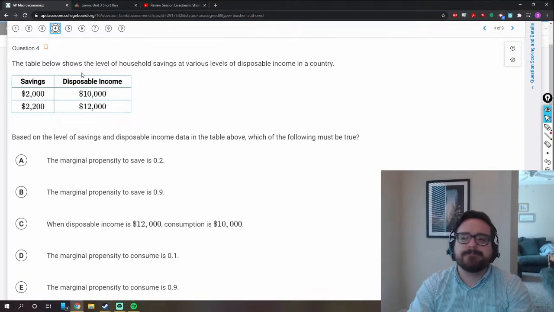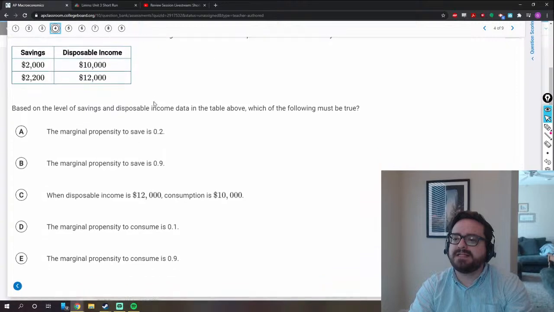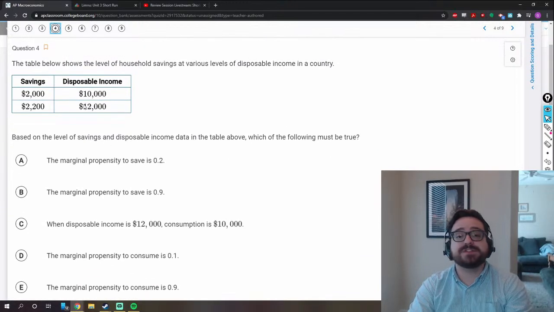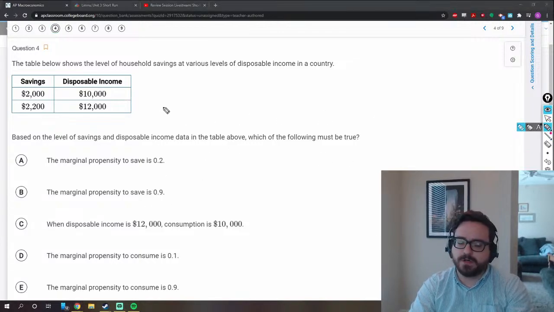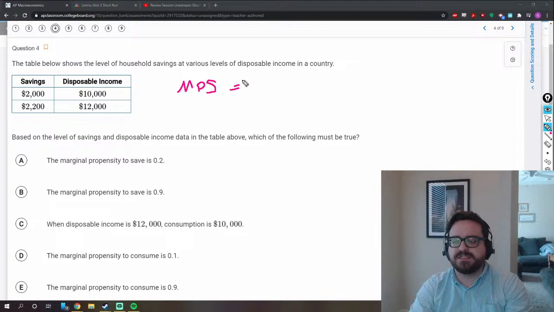Number 4. I've got savings, I've got disposable income. Based on the level of savings and income data in the table above, which of the following must be true? This is an important thing to understand because I didn't tell you these formulas in my little overview, which is that MPS, which is the one that I think will be relevant based on this table, is the change in savings over the change in disposable income.